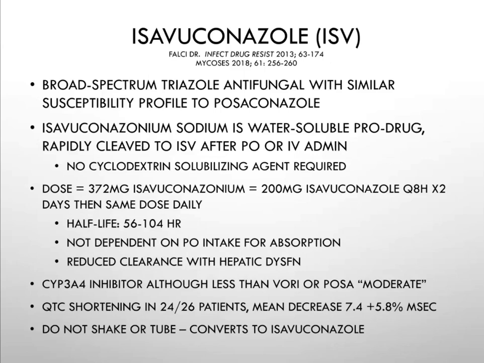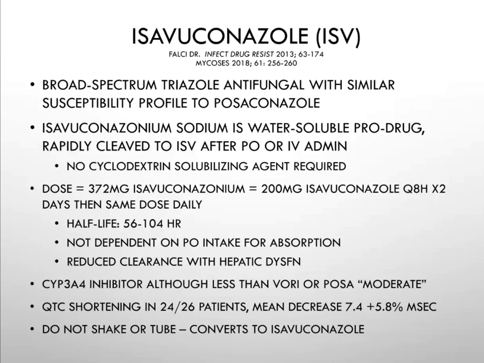Okay, last azole is Cresemba, Isavuconazole. Similar susceptibility profile to Posaconazole in terms of activity against Candida, Aspergillus, and mucormycosis. Isavuconazonium sulfate is a water-soluble prodrug, which is rapidly cleaved to Isavuconazole, the active metabolite. And therefore, we do not need a cyclodextrin solubilizing agent.